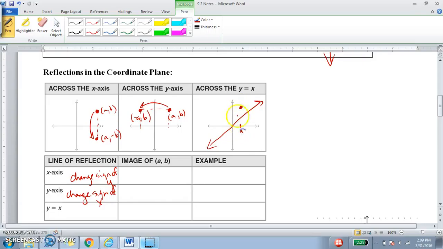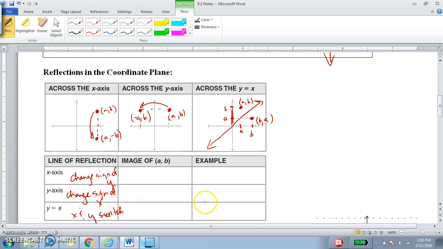We'll say this is A and this is B. So the coordinates would be A, comma B. If I flip it over this axis, now these coordinates are actually going to flip. So now this y-coordinate is going to be the same as the x-coordinate was before, and the x-coordinate is going to be the same as the y-coordinate was before. So now this is going to turn into B, comma A. So the x and y are going to switch for that one.